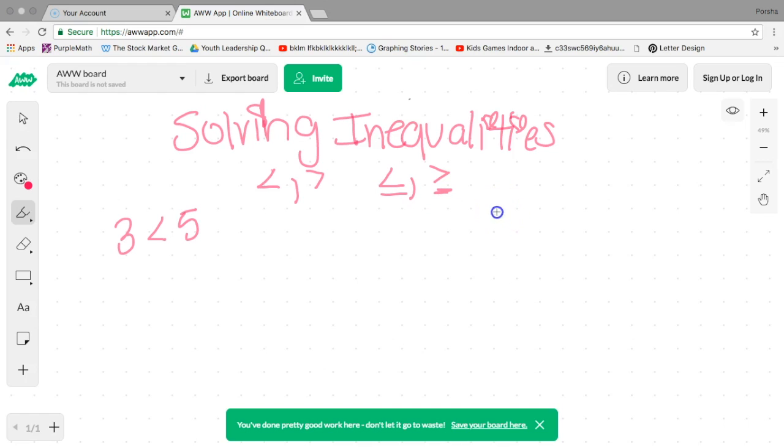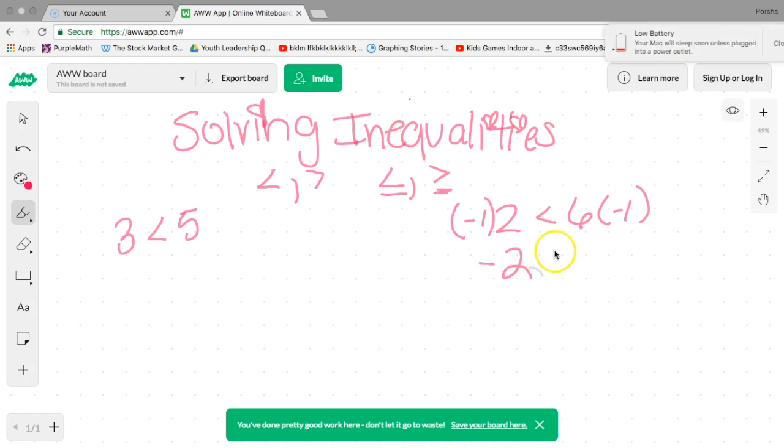So say we had 2 is less than 6, and we wanted to multiply both sides by negative 1. When I multiply both sides by negative 1, I get negative 2 is less than negative 6. When we look at this on the number line, all numbers to the left of 0 are negative, and they get smaller.